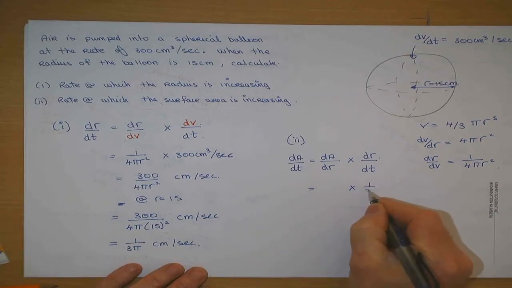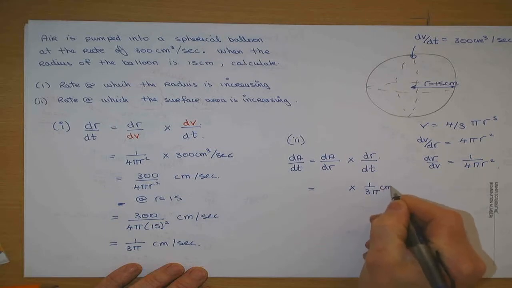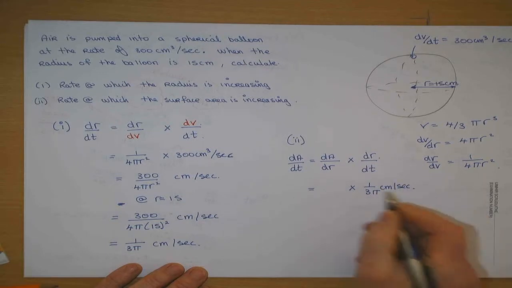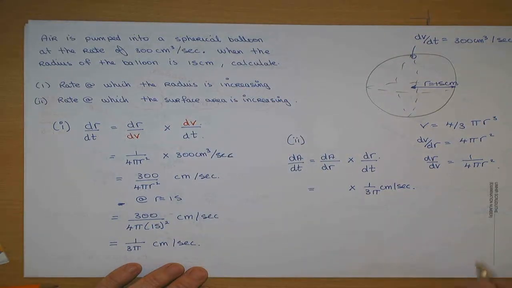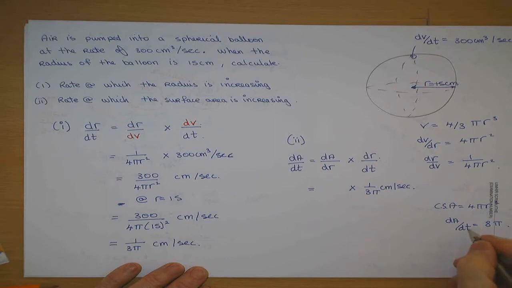1 over 3 pi centimeters per second. Why is it that? Well, the radius, I'm asked to do it when the radius is 15. What's the curved surface area of a sphere? 4 pi r squared. So therefore dA/dr is 8 pi r.